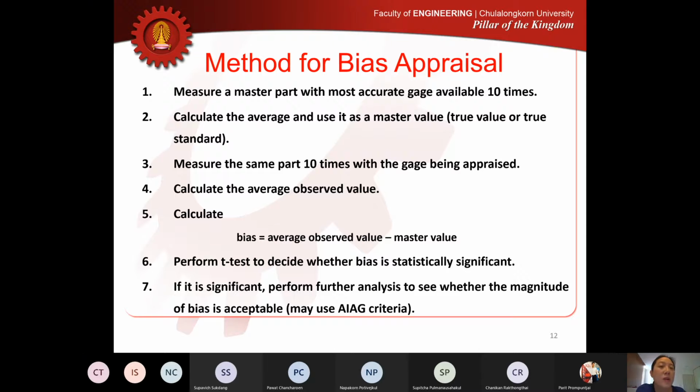That value is called the master value, and that part we call the master part, a part whose true value we believe we know. Then we take that part back to our factory.